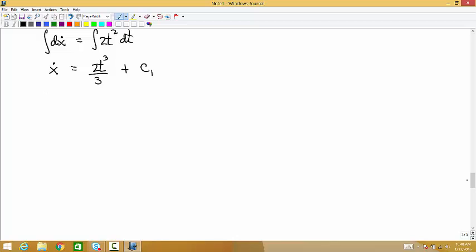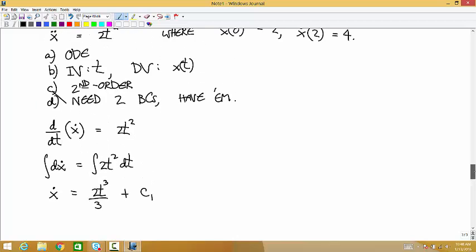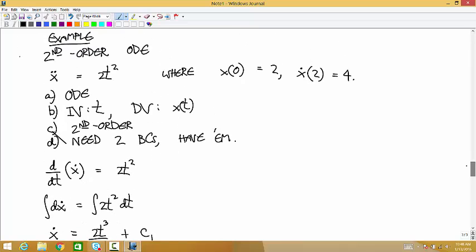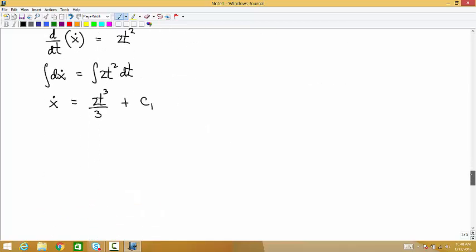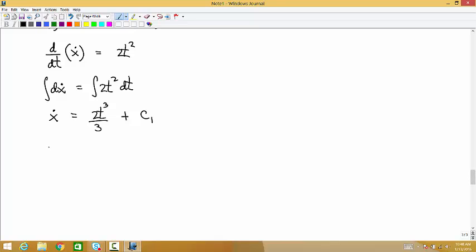If you look at the boundary conditions now, you might be able to see that we can actually use that second boundary condition to find C1 right now, but let's just go to the end and then see what we have. That's what I'm used to doing. So now we'll rewrite this as dx/dt is equal to 2t cubed over 3 plus C1.